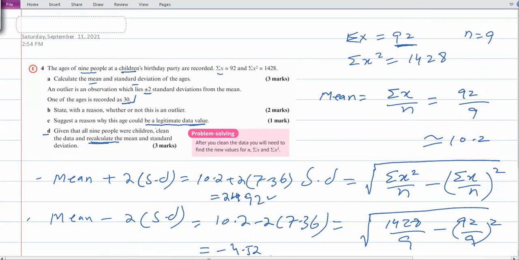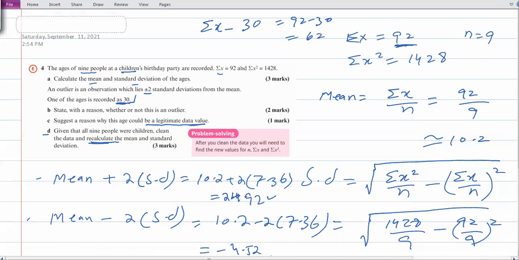One of the ages recorded, 30, was included, so you have to remove it. From sigma x you will subtract 30. So 92 minus 30 becomes 62.